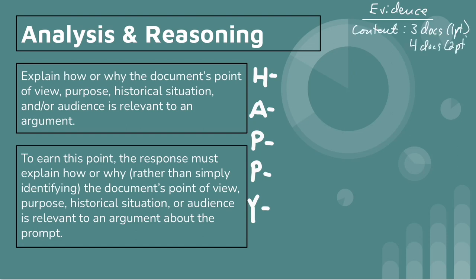And then how many pieces of outside SFI do you need to give in your whole essay to get 1 point? Remember, for evidence, you're supposed to use the documents, but you're also supposed to use outside evidence. So 1 piece of outside SFI, 1 fact that is relevant to your prompt, and is not already mentioned in the documents, you can bring that in a sentence to get a full point.